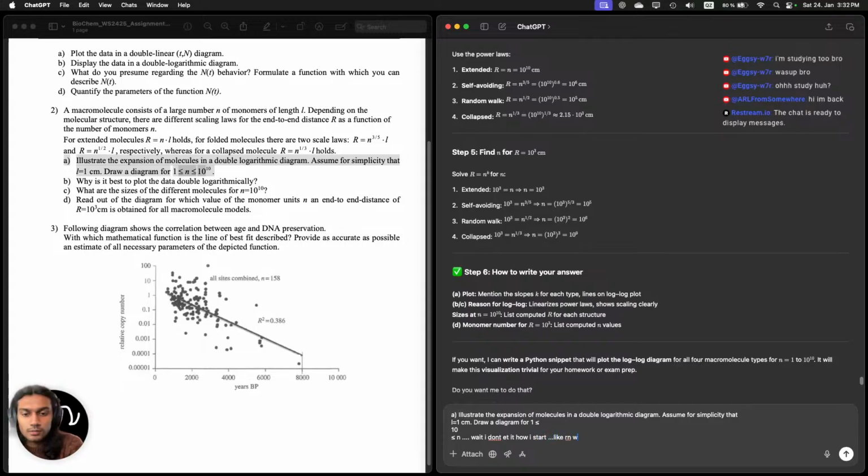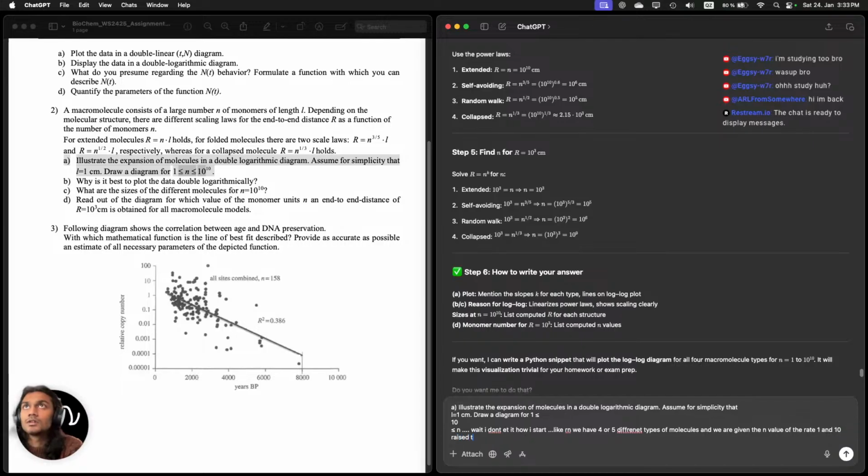Right now we have 4 or 5 different types of molecules, and we are given the n value from 1 to 10 raised to 10.